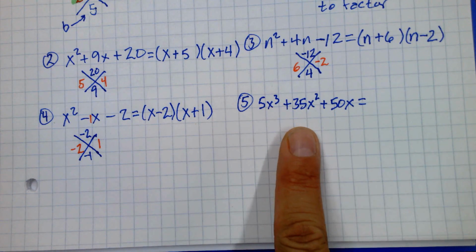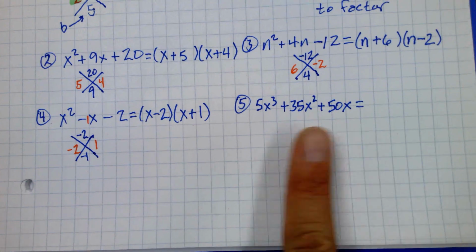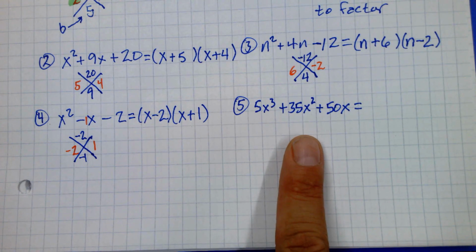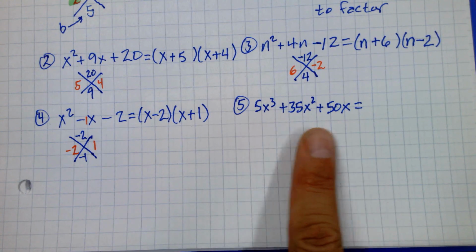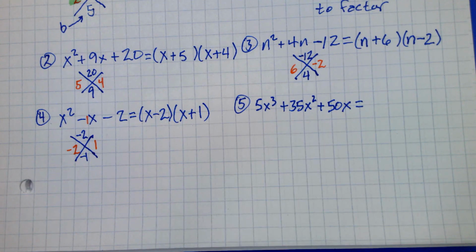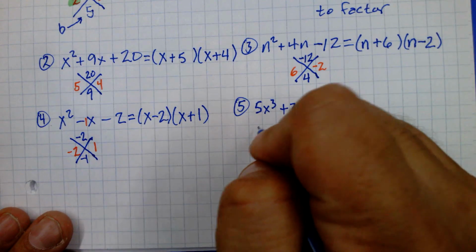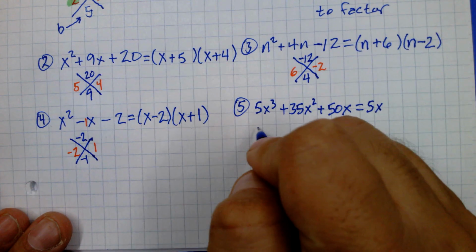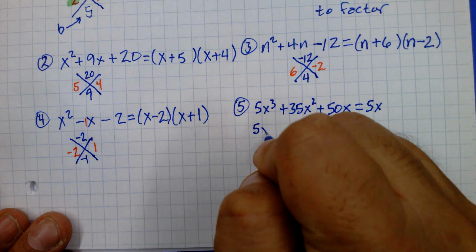Let's try the last one. 5x cubed, 35x squared, and 50x. We could take out a GCF, 5x. 5x is common to all of them. Okay? So let's factor out a 5x first. Well, first of all, that means our final answer is going to have a 5x there. So we're going to have 5x out here.